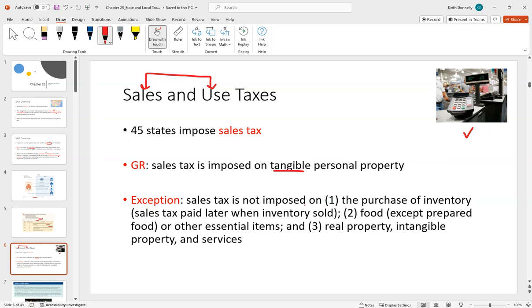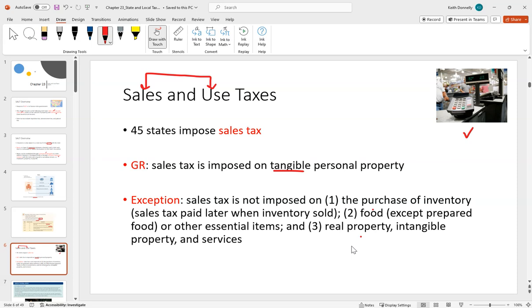There are some exceptions, right, for sales tax, and a lot of this is state specific, so I'm just giving you the themes here. One of the big things is food and real property, right? If you go to the grocery store and you just buy fruit or milk, generally states aren't going to tax food. Likewise, if you buy a house, when you go to buy your first house, they don't charge you sales tax on that.